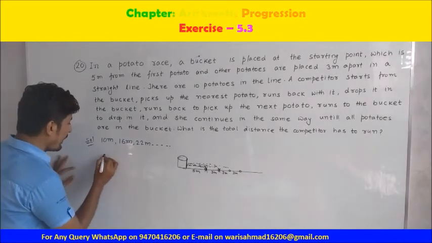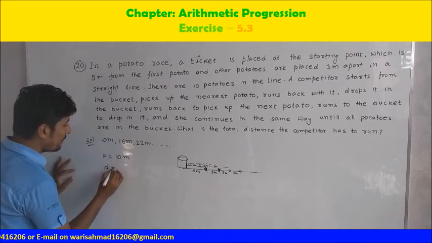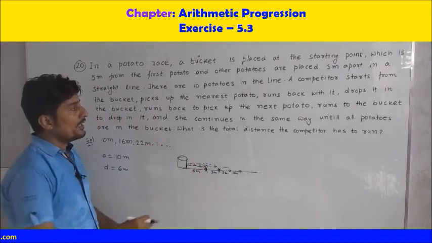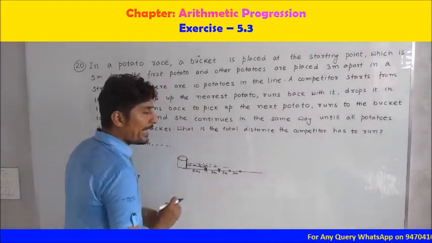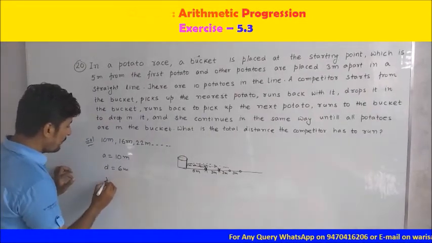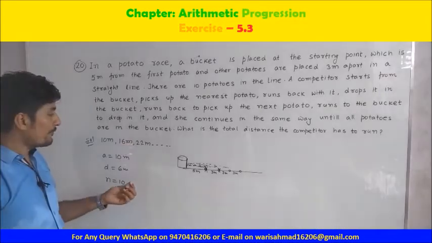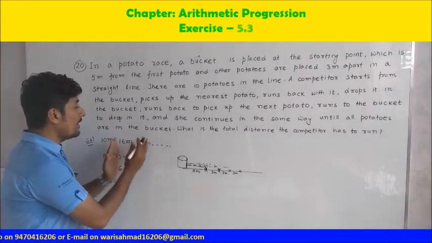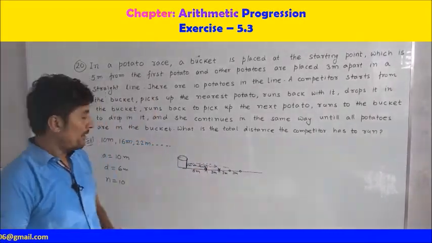So we can write here the value of A is 10 meters while the value of D equals 6 meters. How many times does the competitor have to run? Since the total number of potatoes is 10, the competitor has to run 10 times. So the value of N will be equal to 10. Now after that we have to add all these distances to find the total distance.